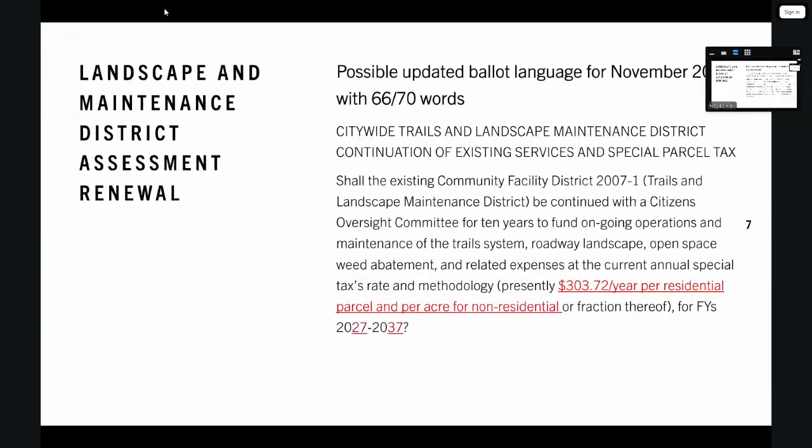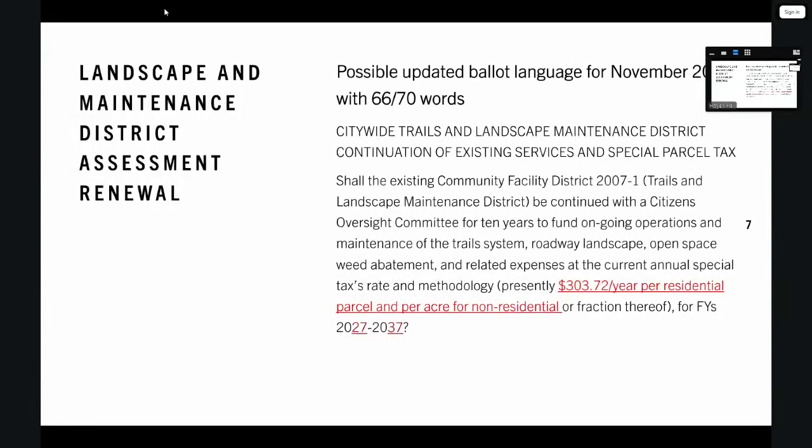And so this would include that language in the ballot measure itself. I put in the current rate now, but one of the parts would be to add the 10%. That language is not baked in here yet, to add that new base setting, additional 10% one time, that was discussed by the council previously.